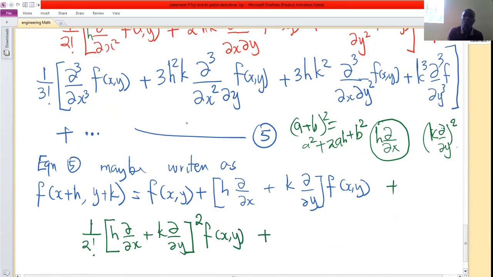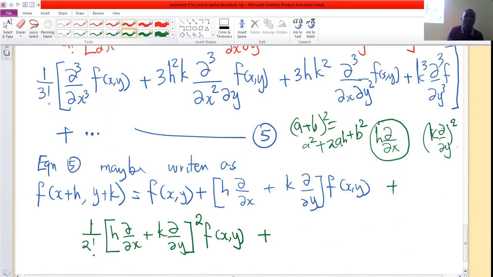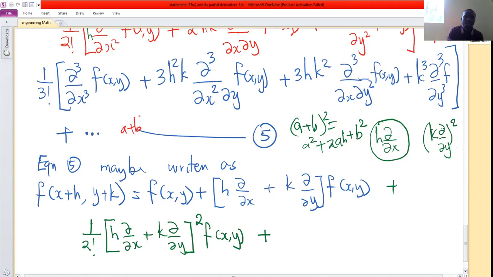Plus, also, if you remember your binomial work, if you work out a plus b cubed, you get a power 3 plus 3 a squared b plus 3 ab squared, and then plus b power 3. And a is h partial x, b is k partial y.